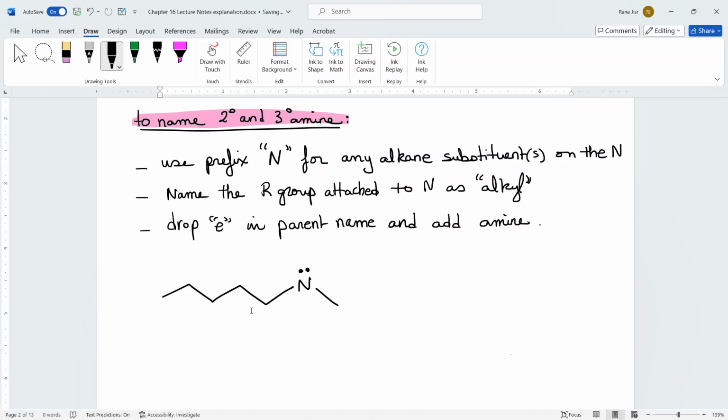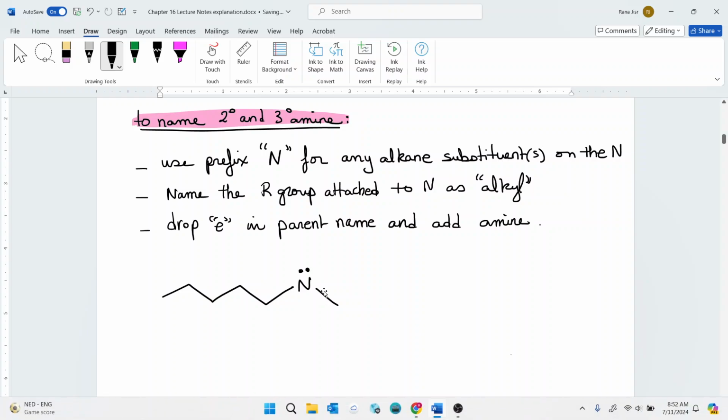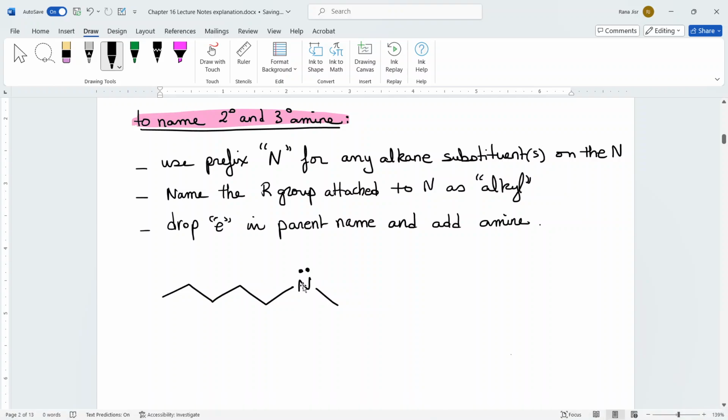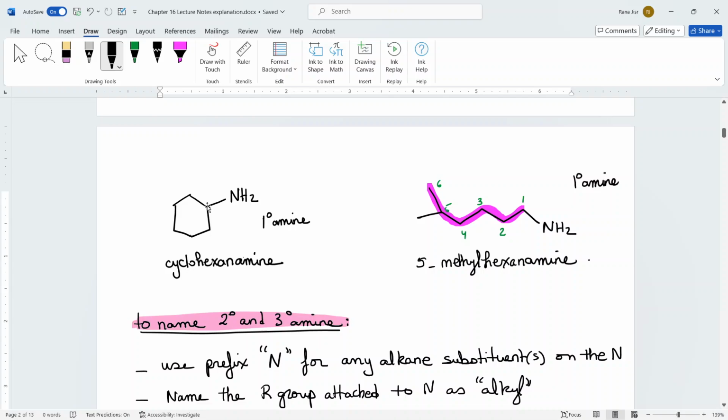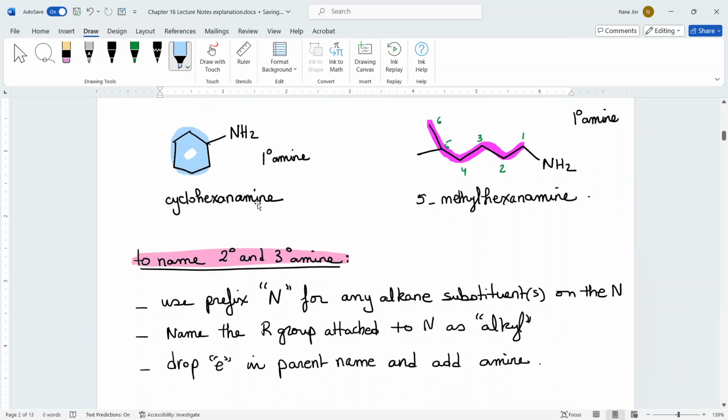The secondary and tertiary amines have more carbons on the nitrogen than the primary amine. The primary amine had only 1 carbon in there, so I can easily choose my longest carbon chain. For the cyclohexane, this is my longest carbon chain with the 6 carbon cycle.